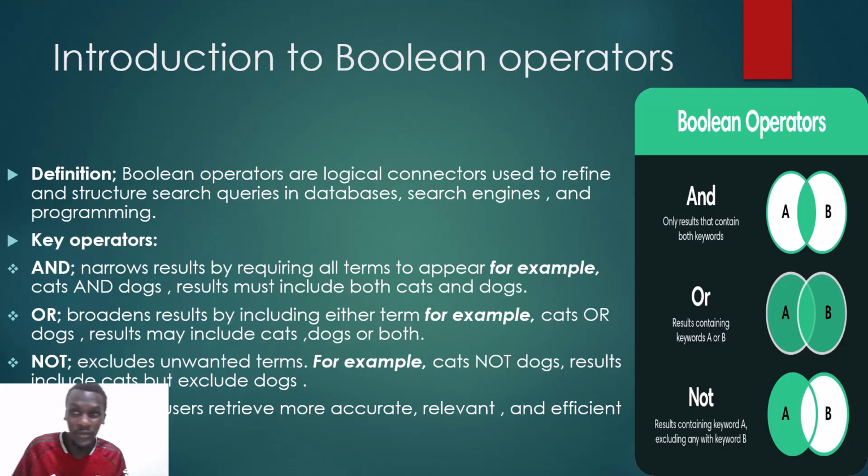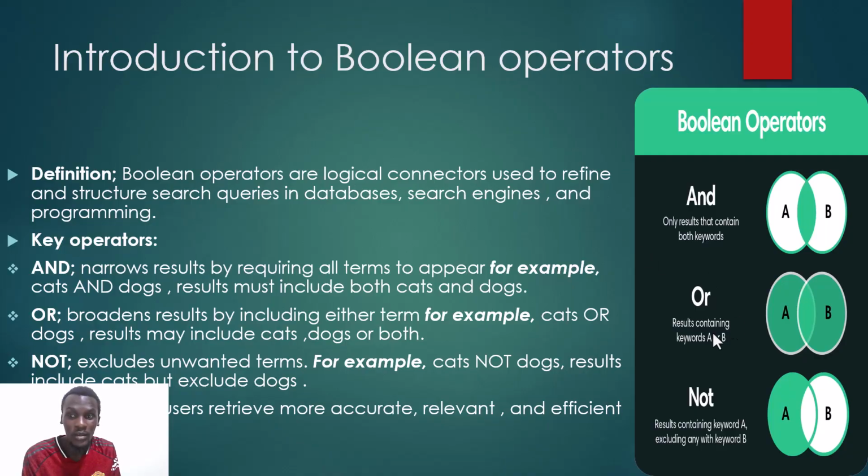Let's give an example of this with a diagram that's helping us. There is AND, only results that contain both keywords, which means cats and dogs. Let's use a Venn diagram. It will literally be the intersection: cats and dogs both.